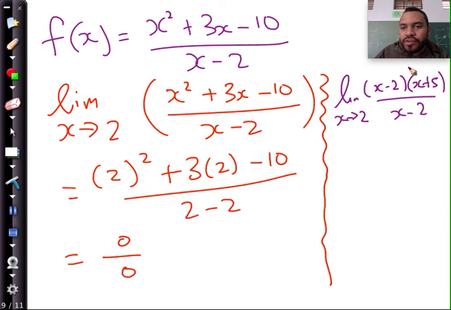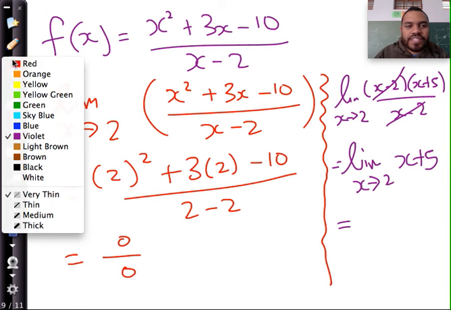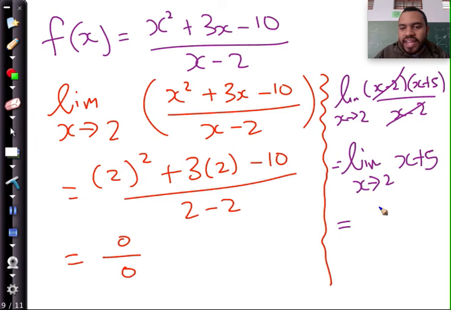Now when you cancel this out, you're now looking for the limit as x approaches 2 of x plus 5. Now what do you do? You substitute, and you're going to get 2 plus 5, which gives you a limit of 7.